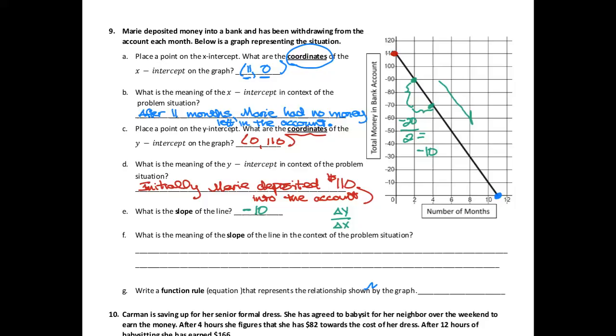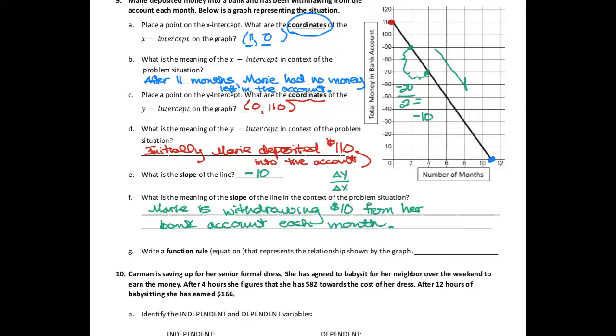That means Marie is withdrawing $10 from her bank account each month. Okay? $10 from her bank account each month.